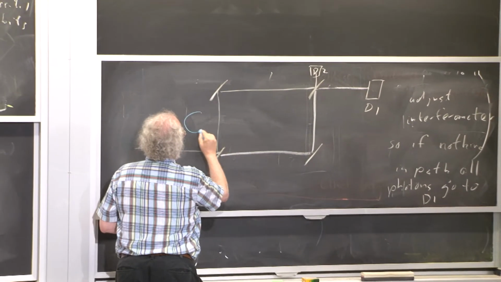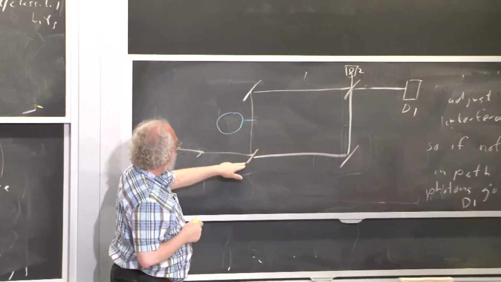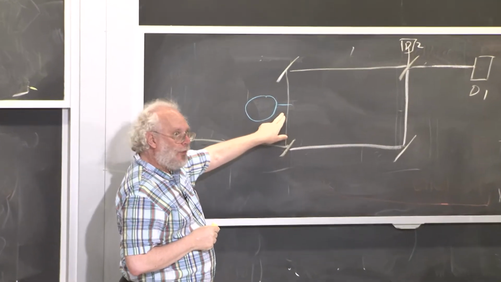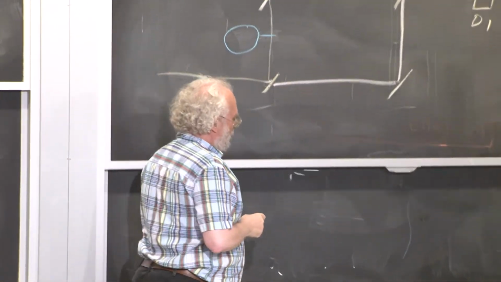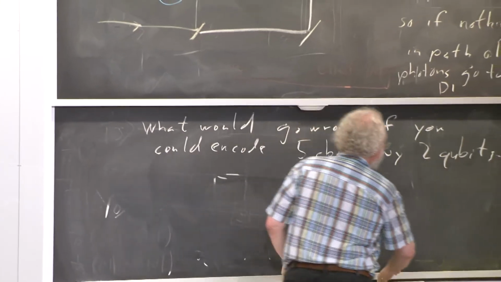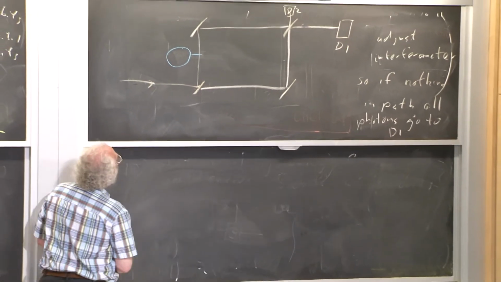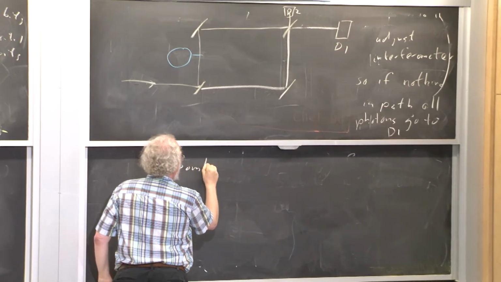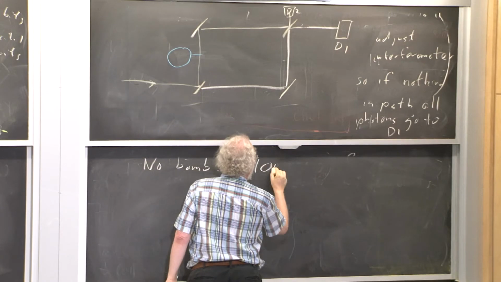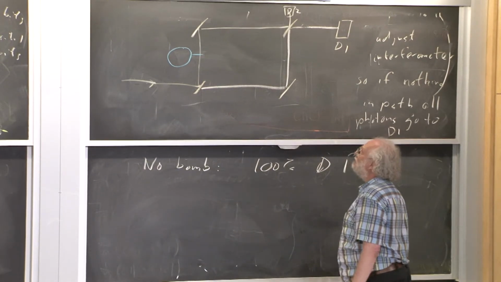Now we're going to put a bomb here with this fuse over the path. Assuming it has a fuse, the fuse will be over the path of this photon. With no bomb, it's 100% detector 1.